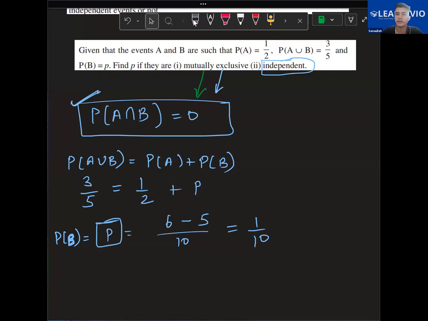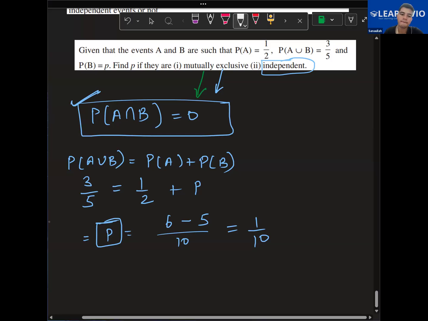Now can you find the probability of B for the second part? Tell me what's the answer.